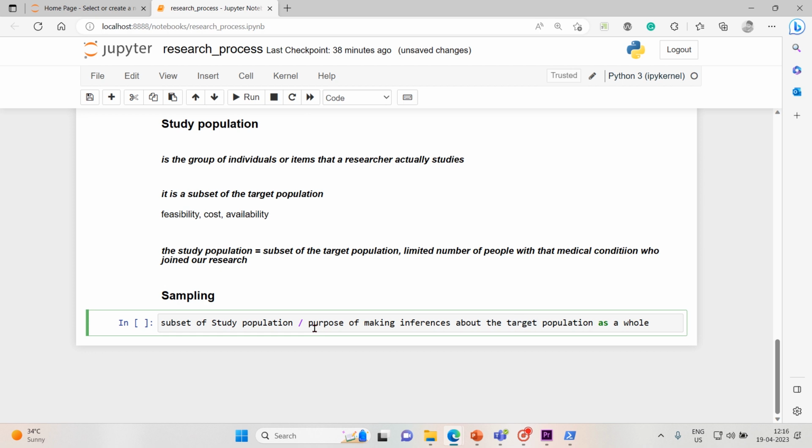See the difference, target population as a whole.